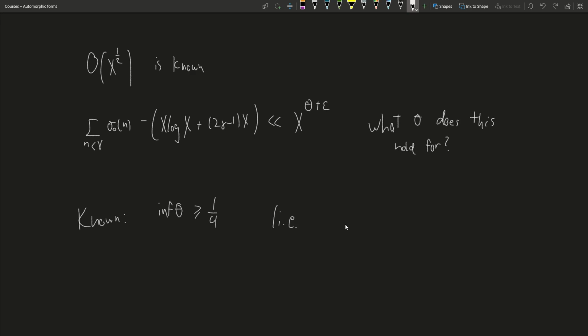So in other words, the sum of the divisor counting function minus the main term is at least x to the 1/4 in the sense of infinitely often.